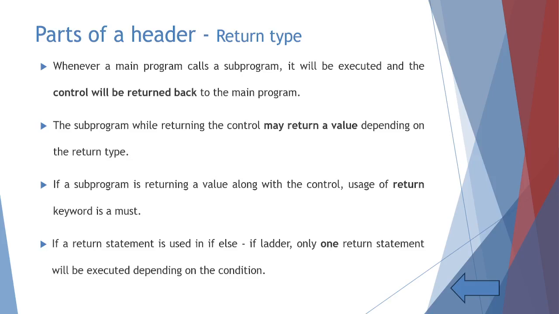If a subprogram is returning a value, then in the subprogram, we use a keyword called return. Return x, return y, return 4, return 10.5, something like that. If this return statement is used in an if else ladder, only one return statement will be executed depending on the condition which is true.